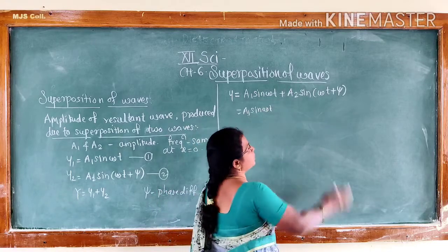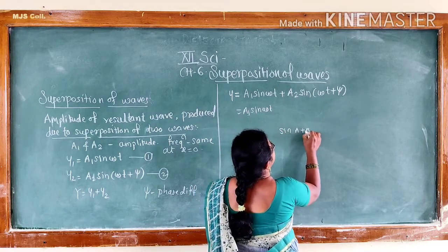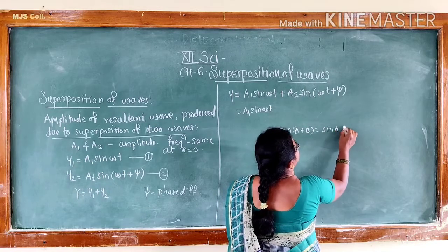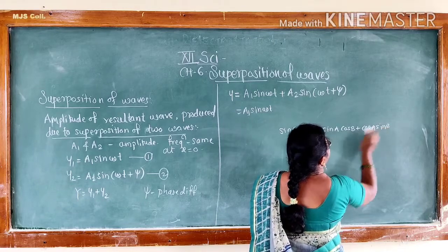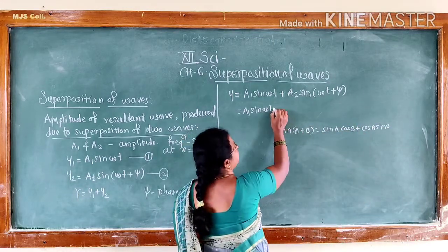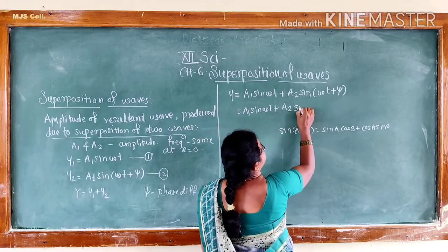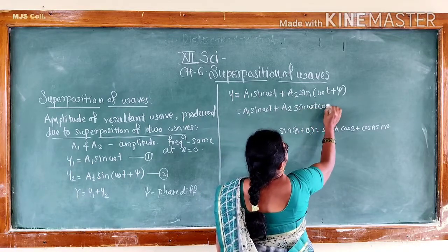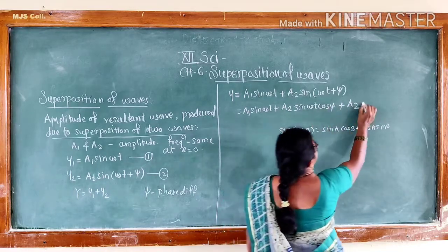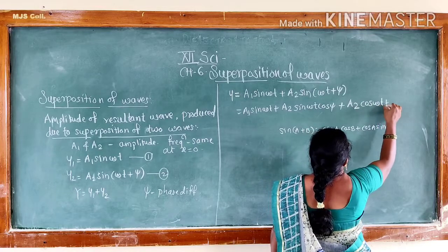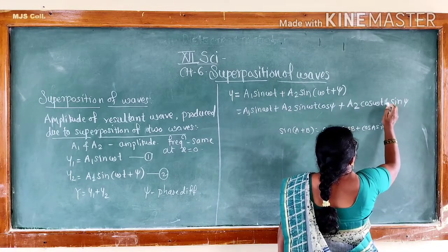Now next, A1 sin omega t. By using sin of (A plus B) is equal to sin A cos B plus cos A sin B, we will get A2 sin omega t cos psi plus A2 cos omega t sin psi.